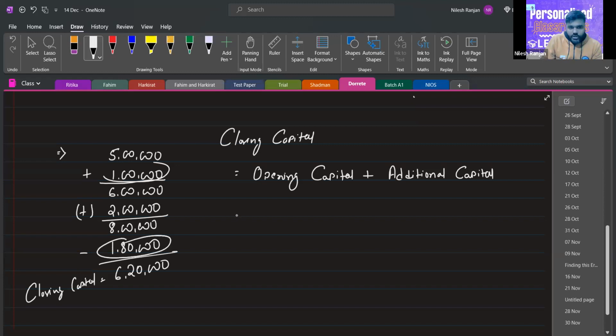We have deducted drawing from this, so minus drawing. And then we have added profit also, so we will add profit or we will deduct loss. So this is the formula of closing capital. Is this clear?